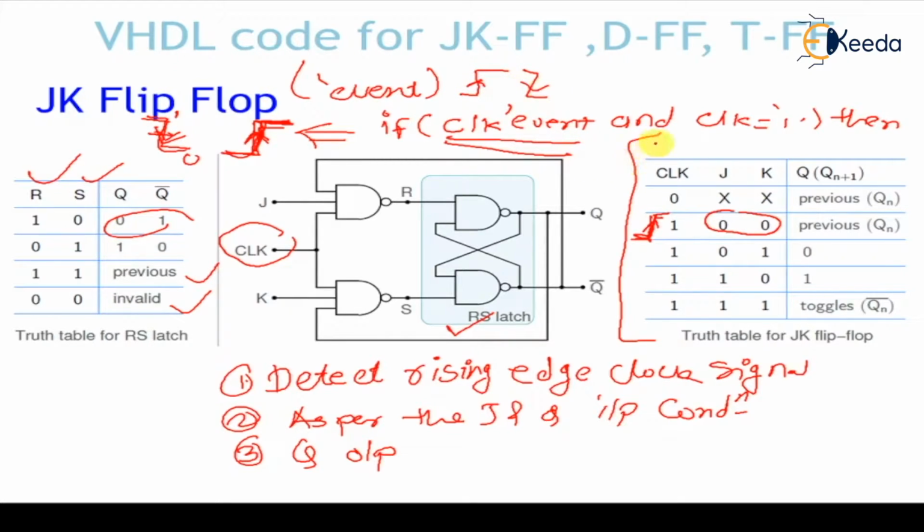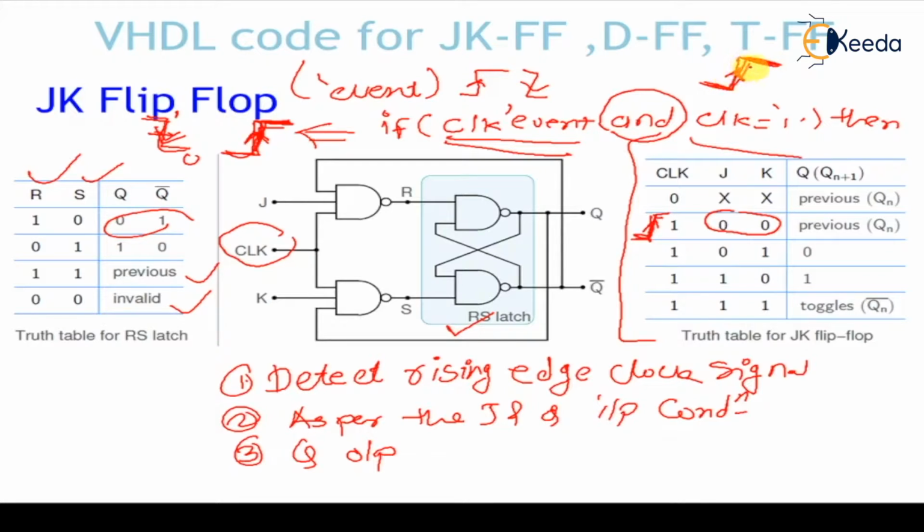But consequently, what we are doing is an ANDing operation, saying that the clock tick event should occur and the clock should be 1. That means the clock has to be 1. In which condition does it maintain clock 1? It maintains clock 1 during the rising edge. So there is an event 0 to 1 and the clock stays at 1.